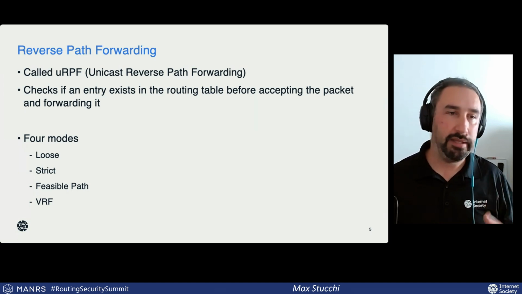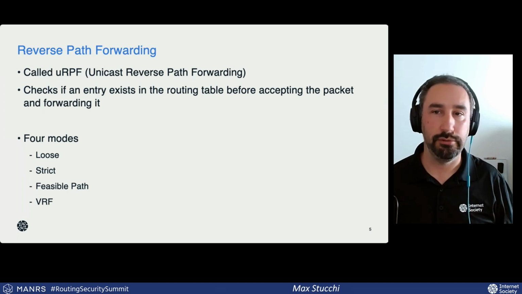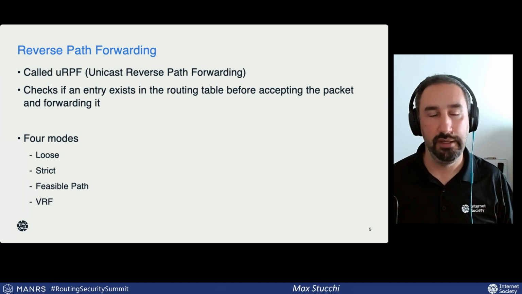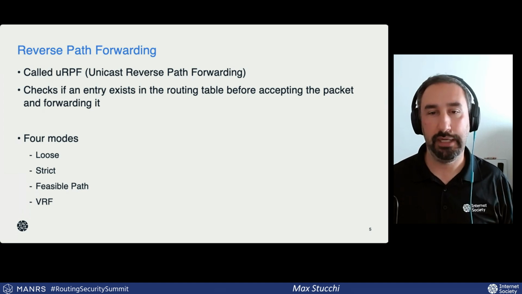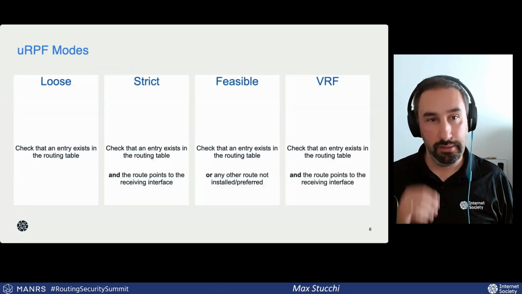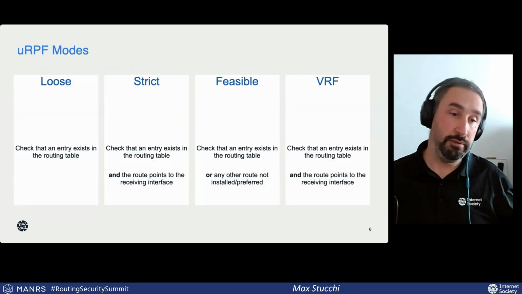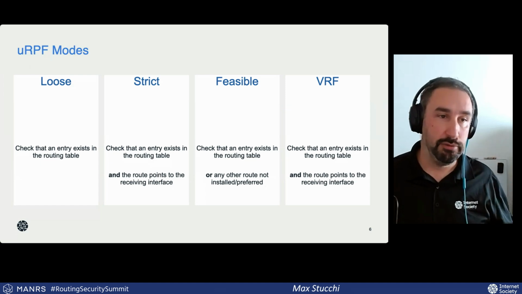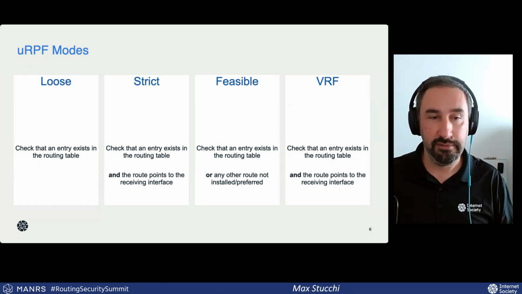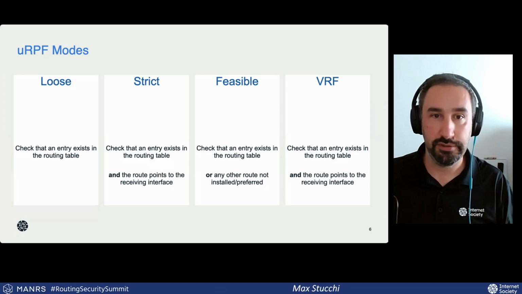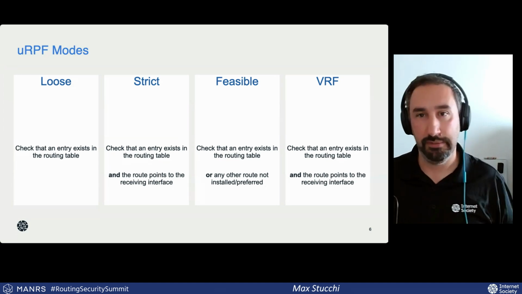So we add another step to the routing process in our routers. We have 4 modes of operation: loose, strict, visible path, and VRF. What does this mean? Starting from loose, basically, our router receives a packet, checks that an entry exists in the routing table for the source of that packet. If it exists, it forwards the packet.